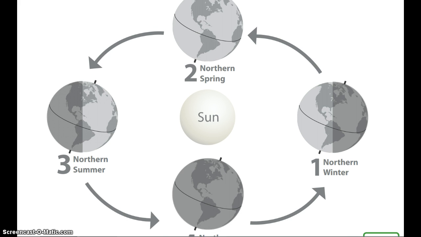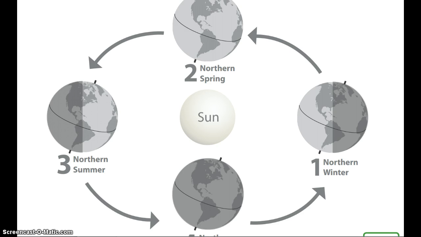Remember, during this time of year, when the northern hemisphere is tilted towards the sun, the northern hemisphere receives the most daylight and the most intense sunlight. This means it's summertime in the northern hemisphere.